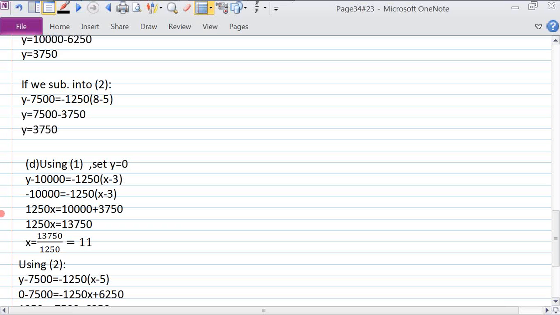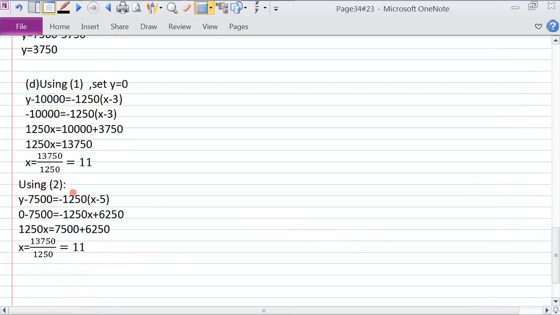We take the minus 1250 times x, transpose it to the right, and the minus 10,000 comes over here, becomes plus 10,000, and minus 1250 times minus 3 gives us 3750. So we have 1250x equals 13,750. When we divide 13,750 by 1250, we get 11. So after 11 years, the value of the car is 0.